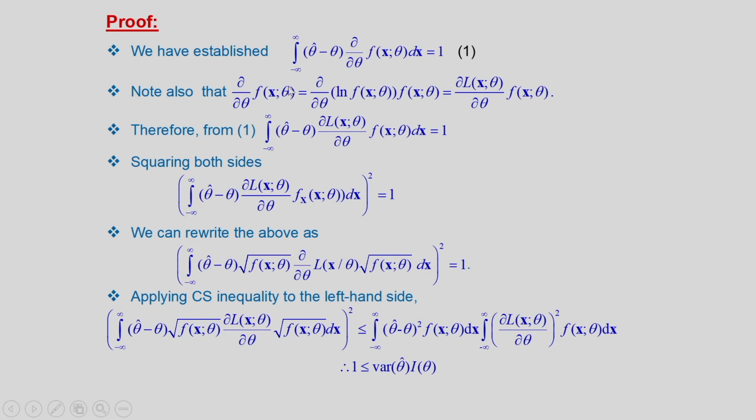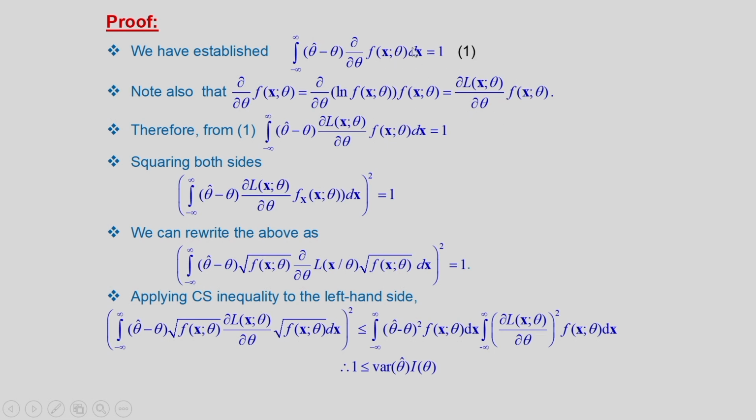This is the same as this quantity, because 1 by f of x, theta will come, and that and this will get cancelled. So del theta of f of x, theta is the same as del l of x, theta, del theta times f of x, theta. This is one important derivation.